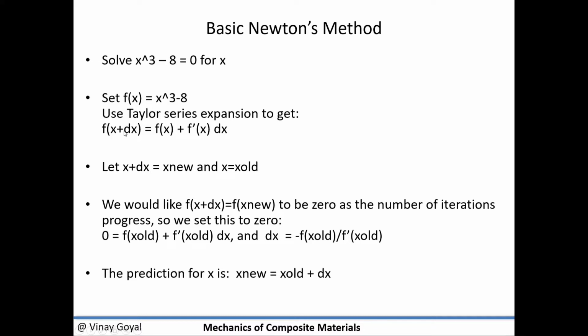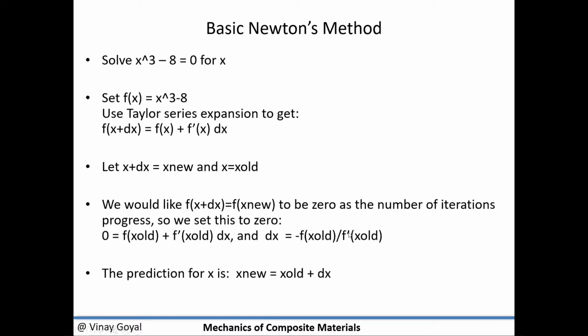Now, if x plus dx is the real solution to the problem, then f of x plus dx must be equal to 0. And this x is basically nearby the solution. Since this is 0, we can then solve for dx. And so here at the bottom, you can see I can put a guess here and solve for dx.